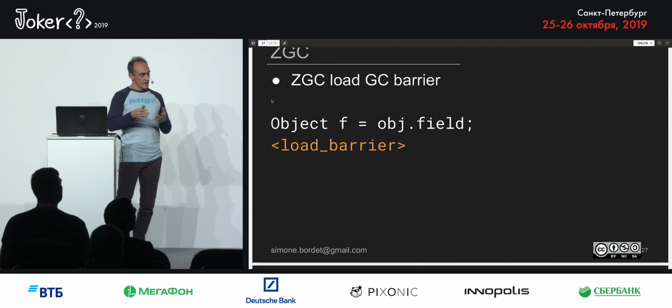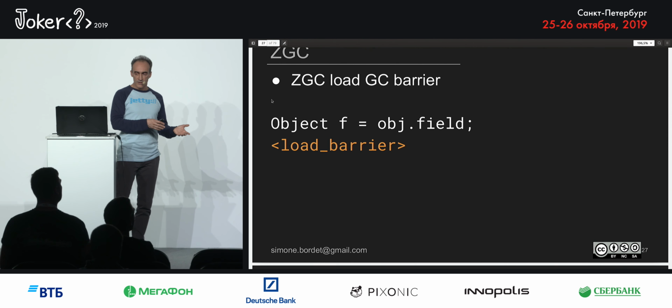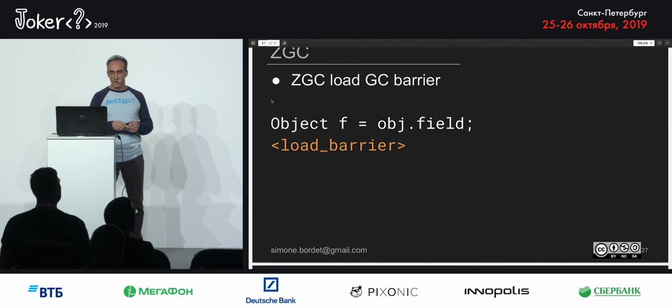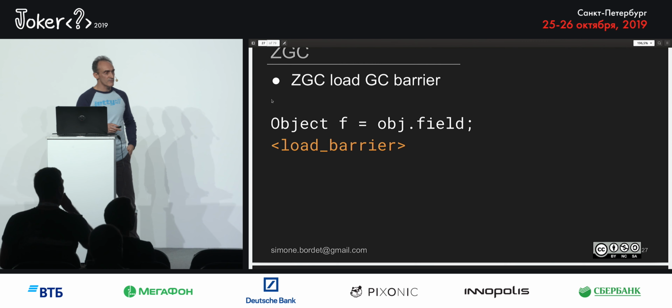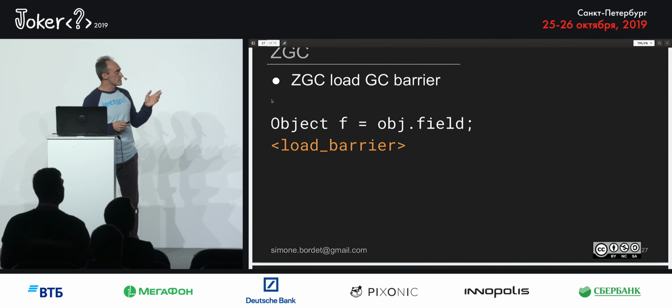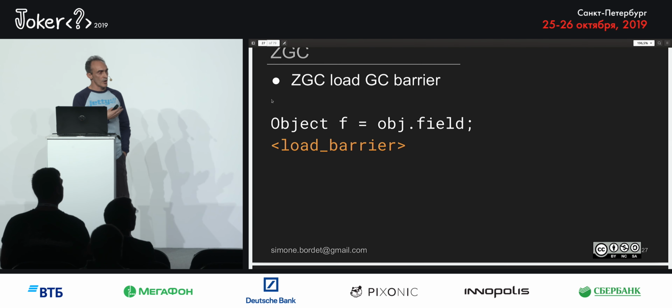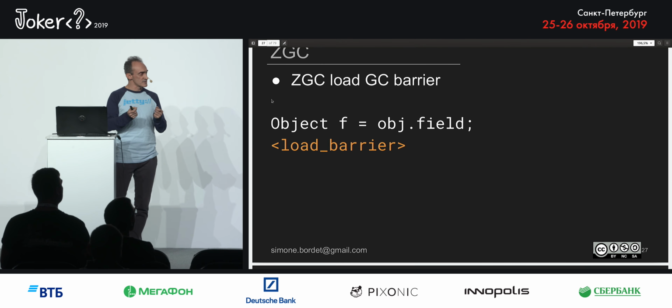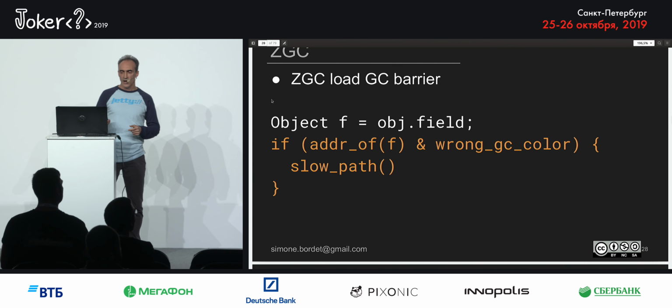The other technique that I was saying is the use of a load barrier. Load barrier is basically this. Every time you load a field or an object from the heap, logically, this is like typical Java code, where you have an object, obj, and you want to load a reference field inside that particular object. Then the JIT injects a little bit of code just after this particular operation that you do in your application, okay? How does it look like?